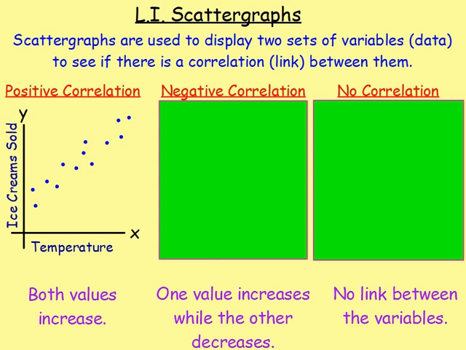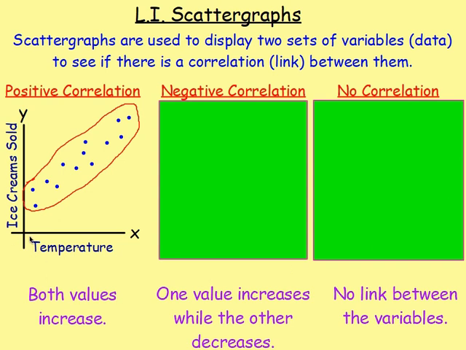An example I'm giving is the outside temperature versus ice creams sold. Obviously, as the temperature increases, the number of ice creams that a shop will sell will also increase. There's more demand when the temperature is warm. So as the temperature is increasing, the ice creams sold is also increasing. So it is known as a positive correlation. And we can see that as one increases, so does the other.